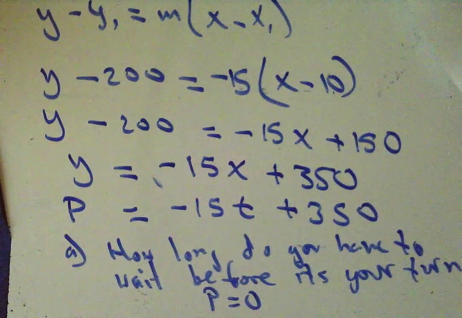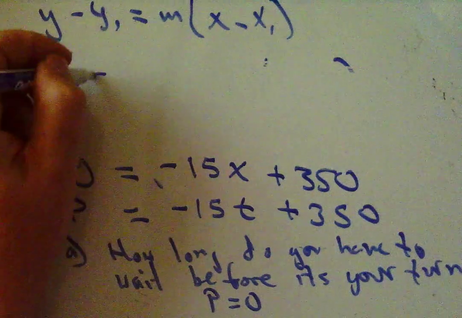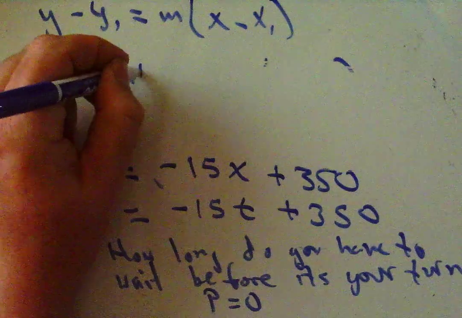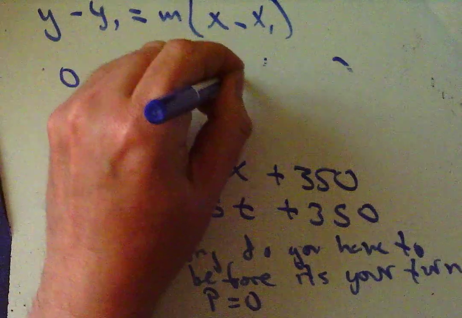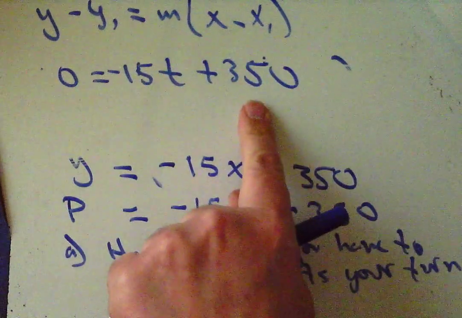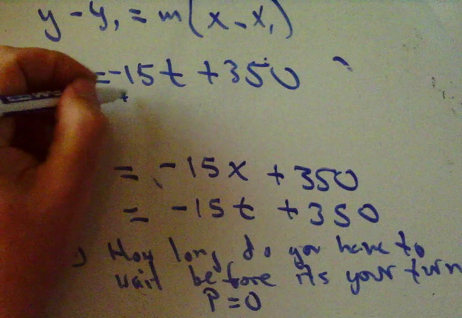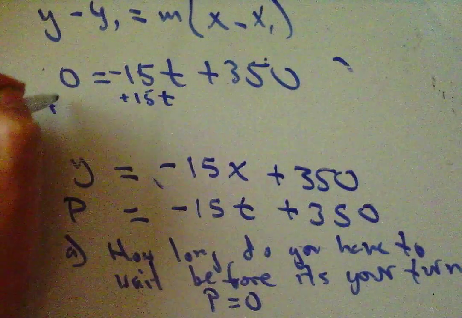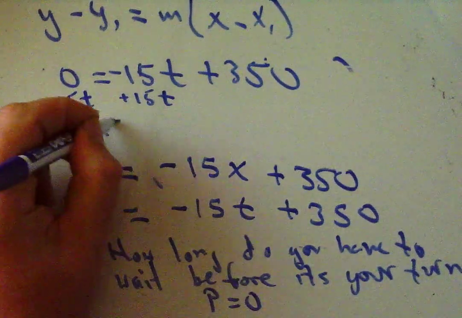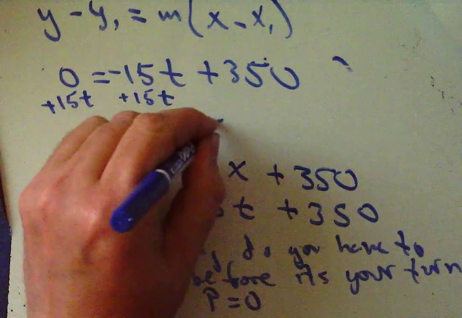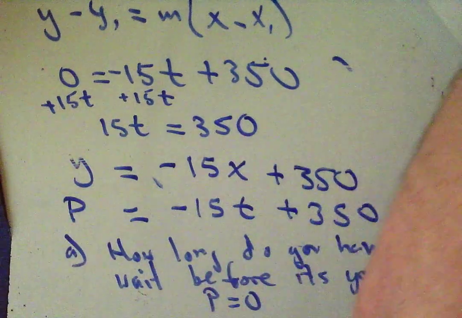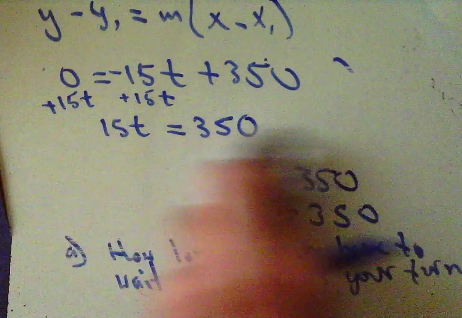So let's plug in a 0 for p. Again, you could subtract this from both sides, but I'm going to add this to both sides. So I get 15t equals 350. And then I need to divide both sides by 15.